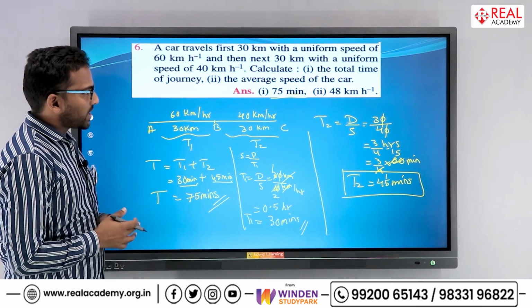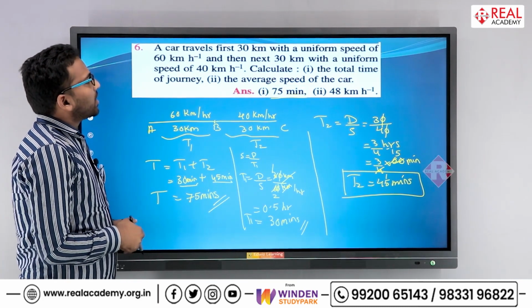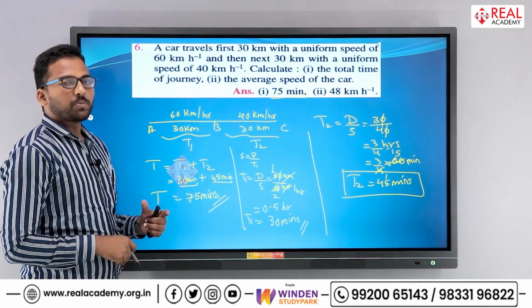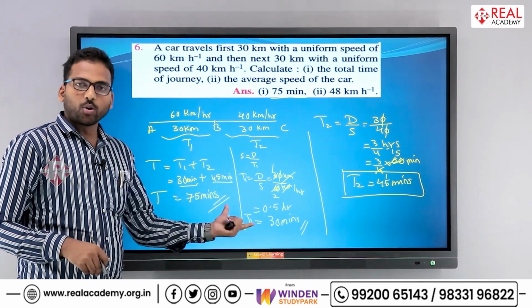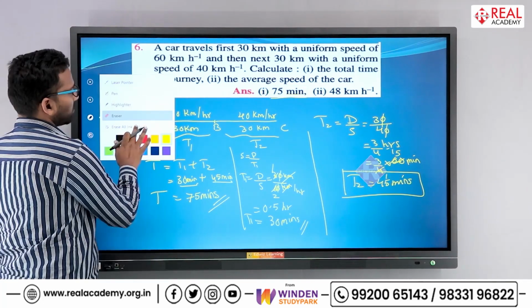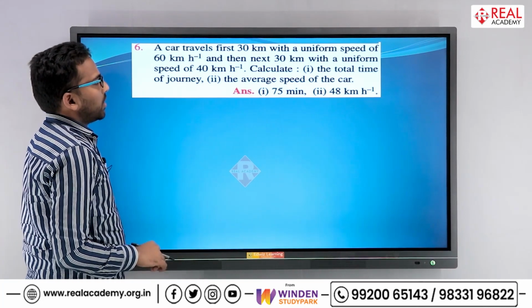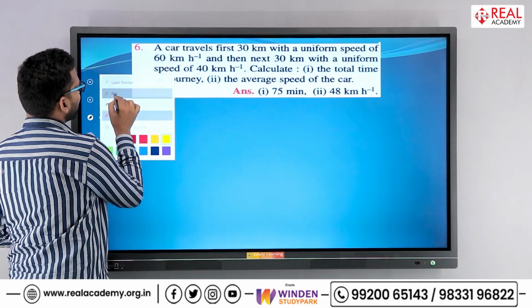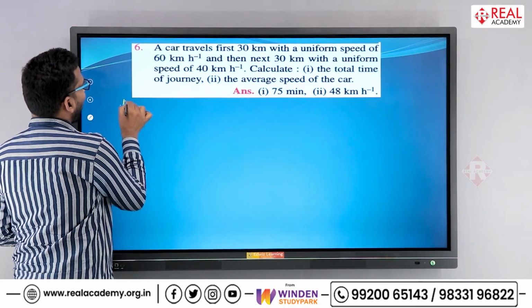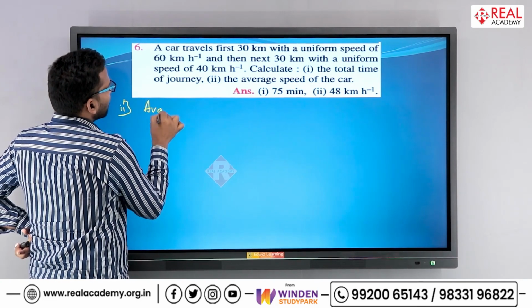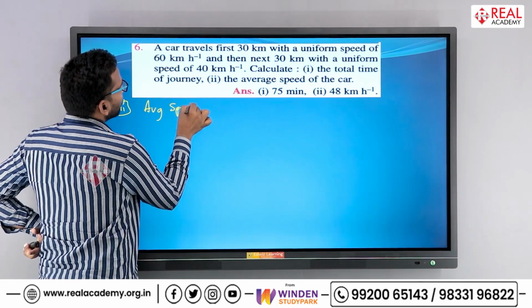the journey. Now the second question they have asked, like the average speed of the car. Wow, very interesting question. The average speed of the car. First make a note of it, then we will go with second question. Okay, now second question, the average speed.